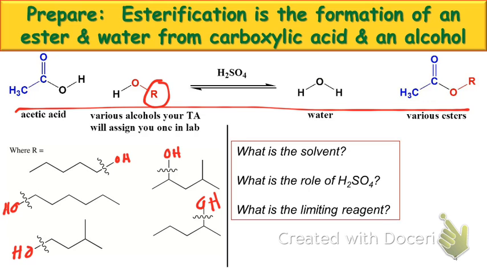So now we can go through and identify the roles of each of our compounds. Typically when we run reactions, we use a solvent. What's the role of the solvent? To dissolve your compounds, so that they can interact with each other. That makes sense, that works. So what's your solvent in this reaction?